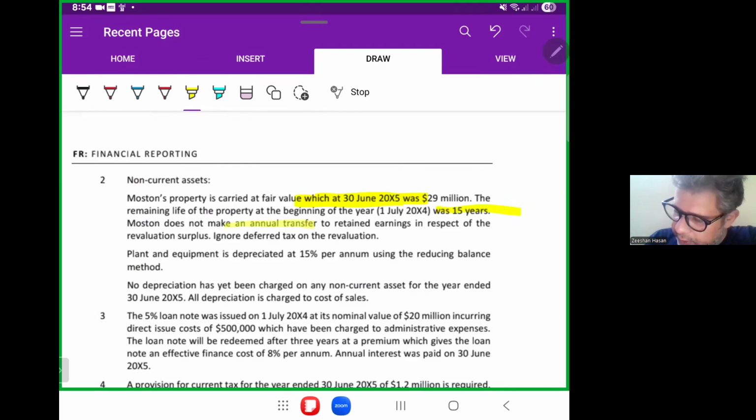Moston does not make an annual transfer to retained earnings in respect of the revaluation surplus. Ignore deferred taxation on the revaluation. Okay, cool.